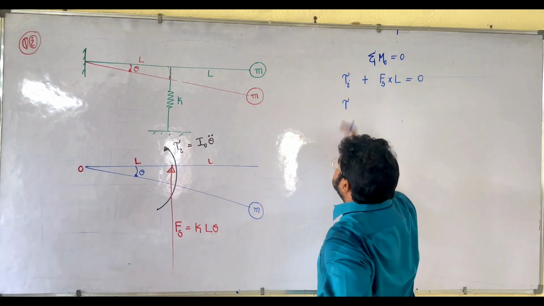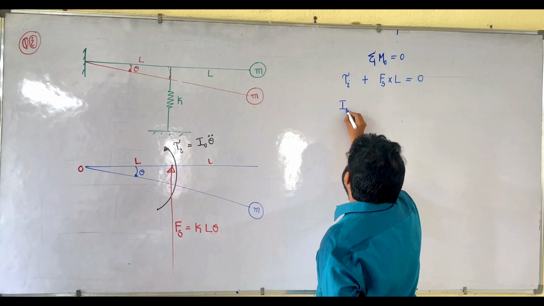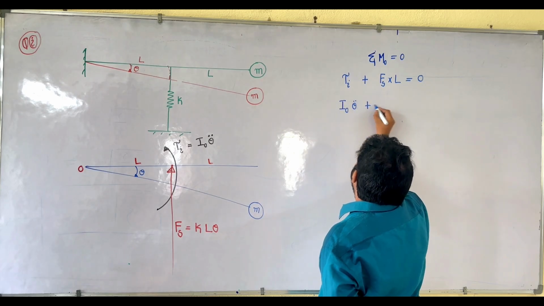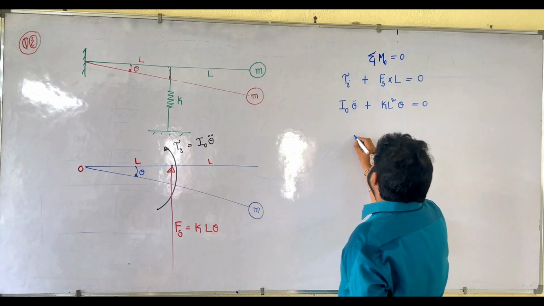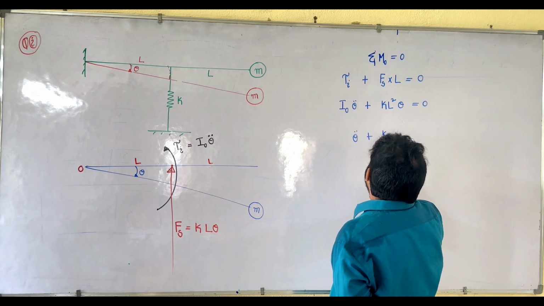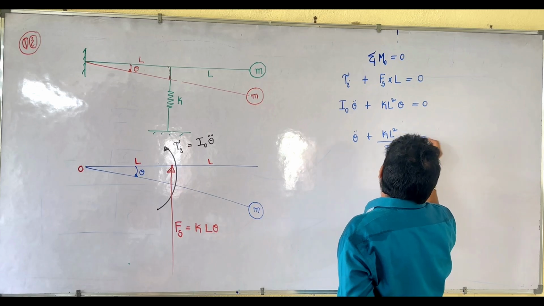Inertia torque is I naught theta double dot, plus K L square theta equal to 0. So theta double dot plus K L square by I naught theta equal to 0.